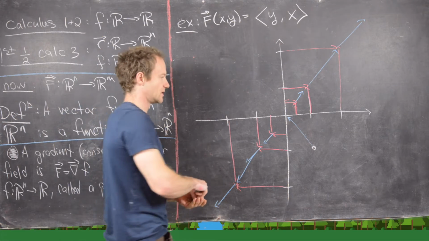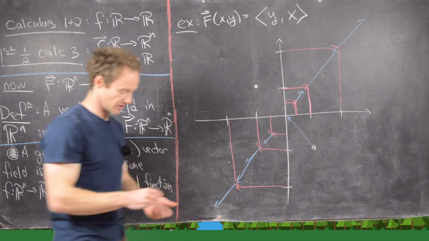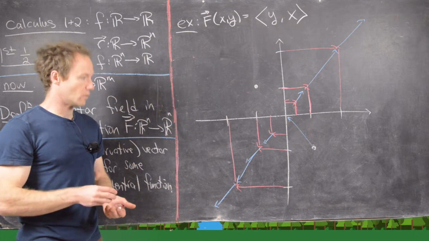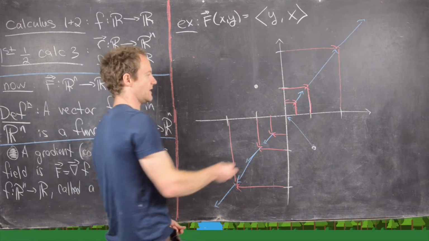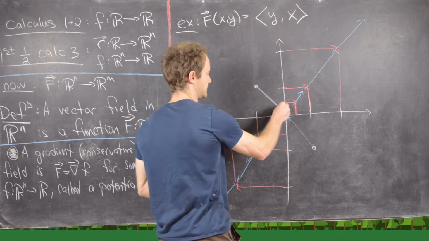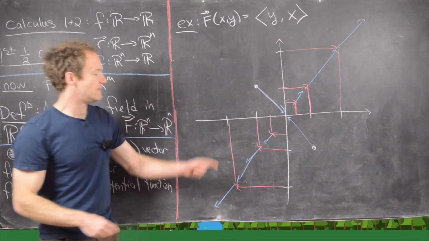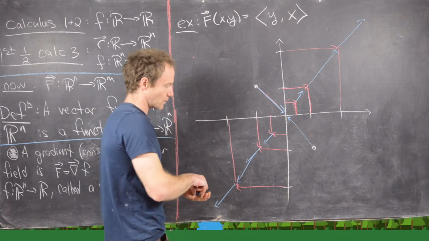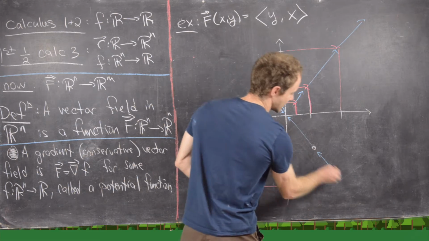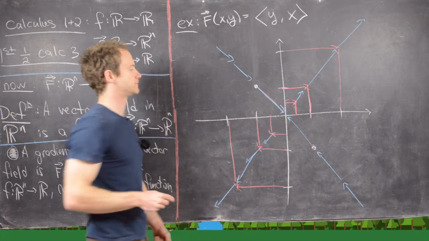And then similarly, here at the point -1, 1, that's going to turn into the vector 1, -1, and that's going to be pointing back at the origin as well. Good. So we've got something like that going on. And this pointing back towards the origin will happen at every point along this diagonal line.